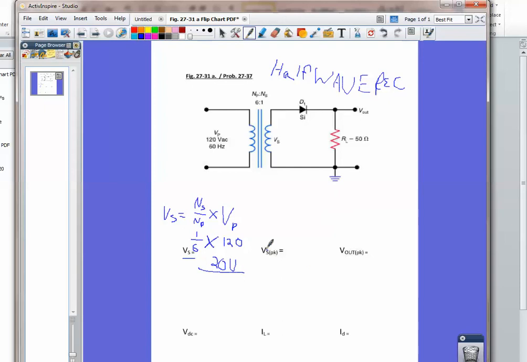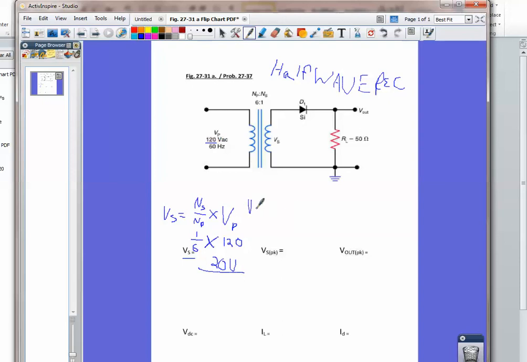So now we need to find the voltage secondary peak, and we remember that our formula for finding the peak voltage is the RMS voltage, which all of these are given in RMS. So it's going to be our old friend: V peak is equal to the RMS times 1.414.